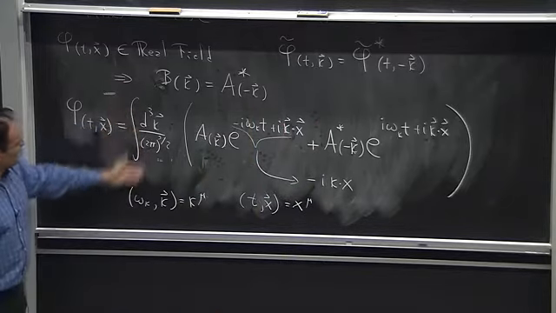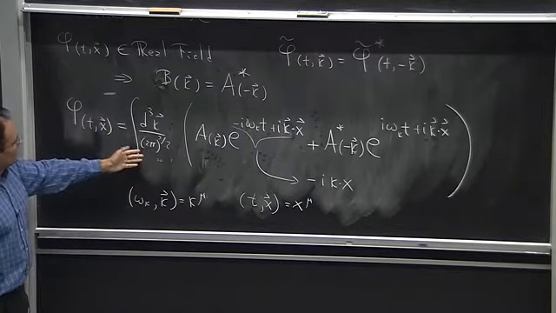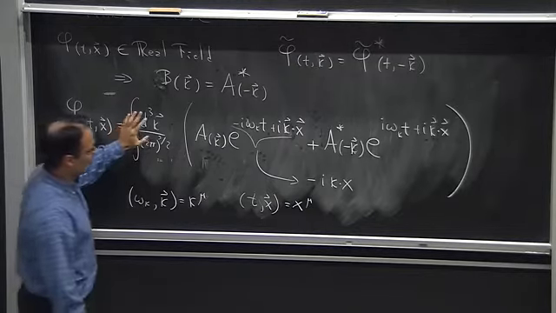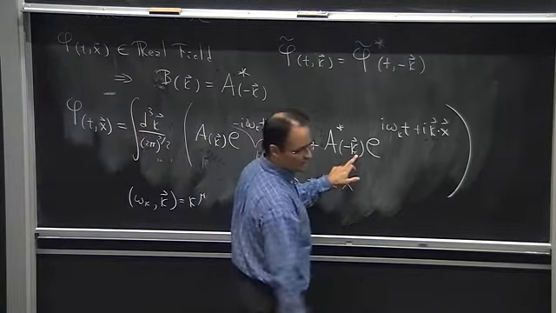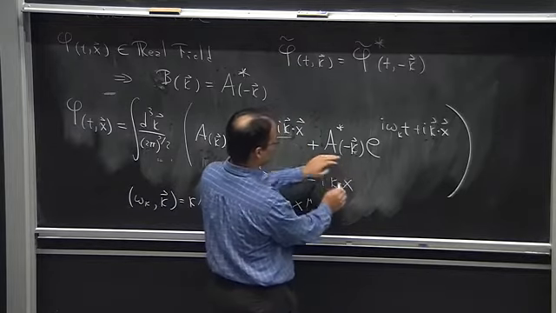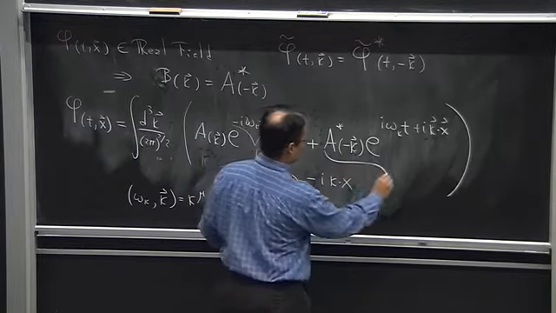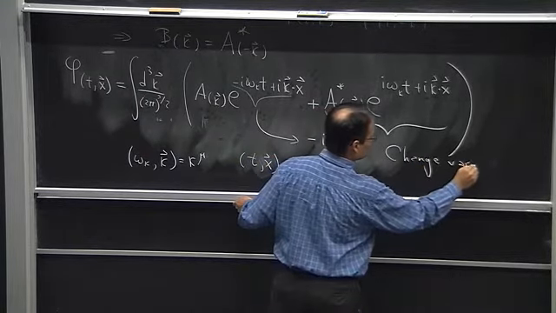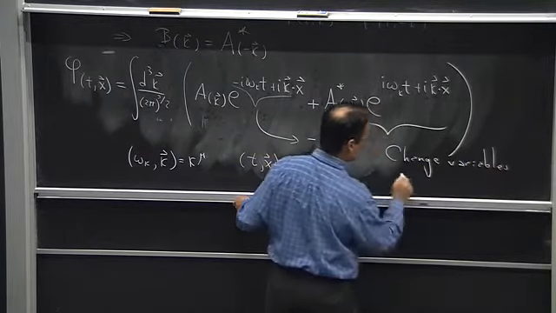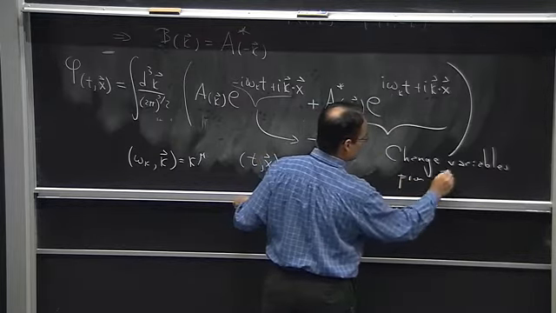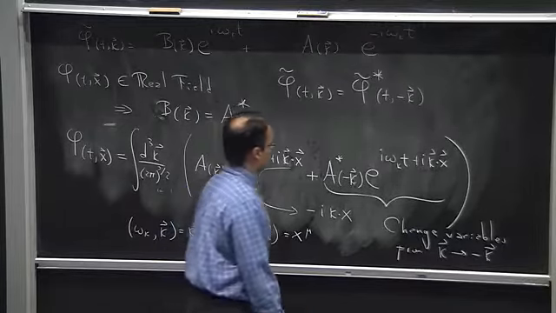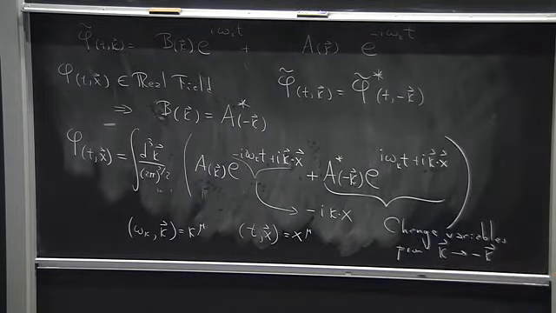Here we don't pick any change in the integral, right? Because these integrals are from minus infinity to infinity, so we don't pick any signs or anything. So we just change variables from k into minus k. And then we find a nice formula for our field.